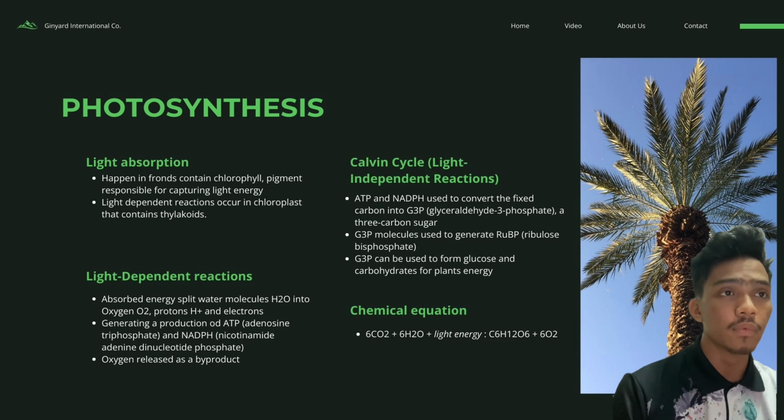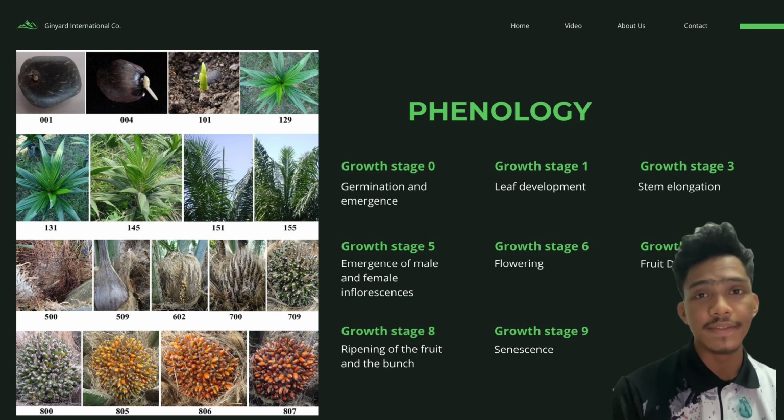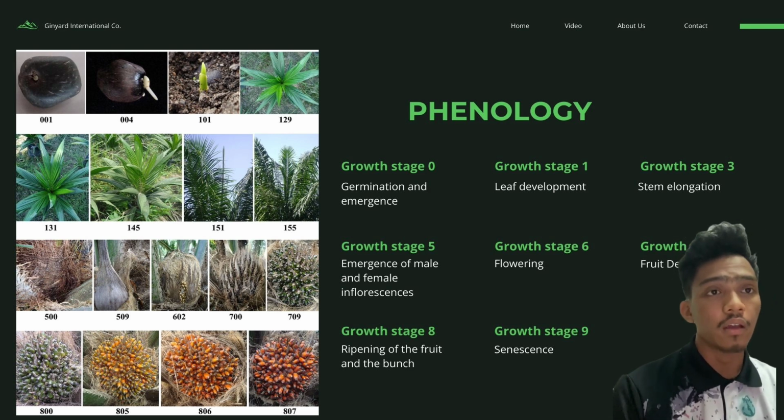And then we go to the phenology. In phenology, we have the growth stage, also called the BBCH code. Growth stage 0 is germination and emergence.